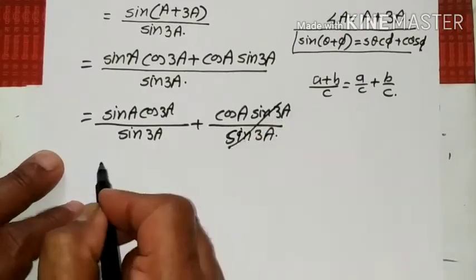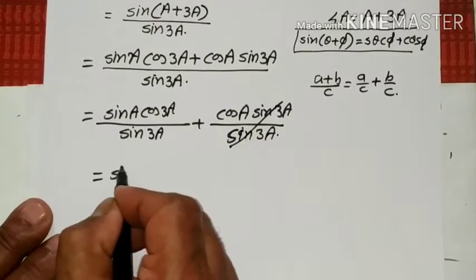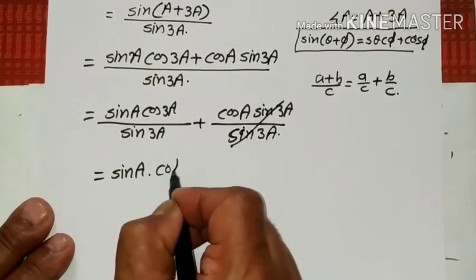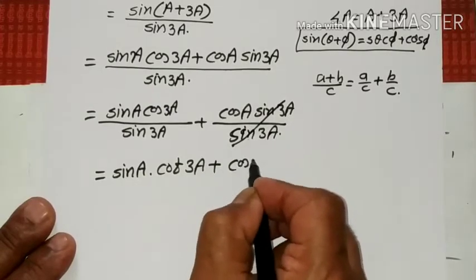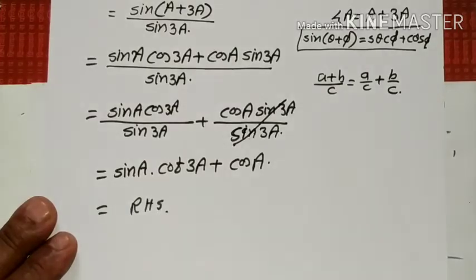Sin 3a gets cancelled. Then sin a into cot 3a plus cos a is equal to RHS.